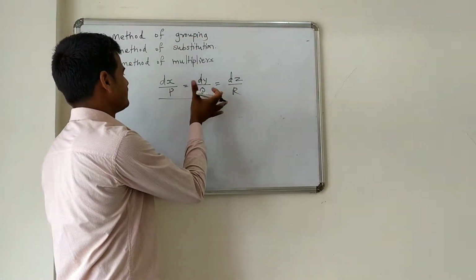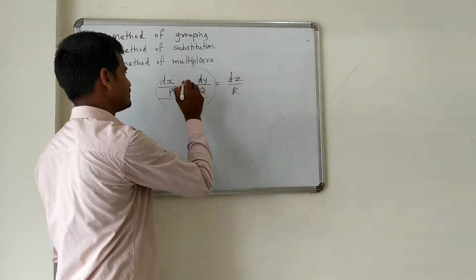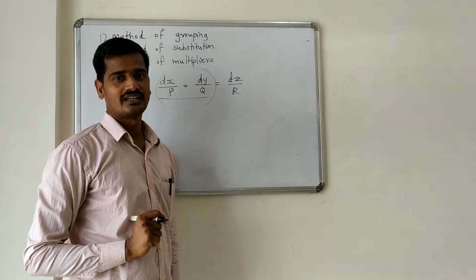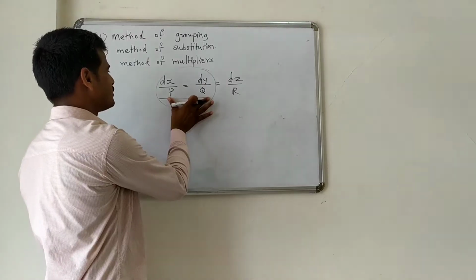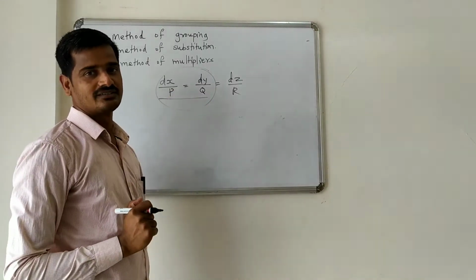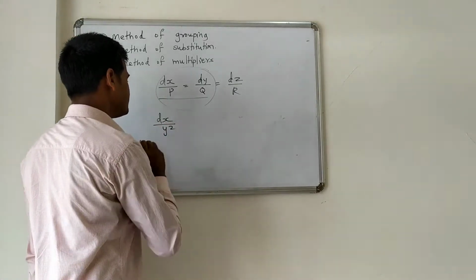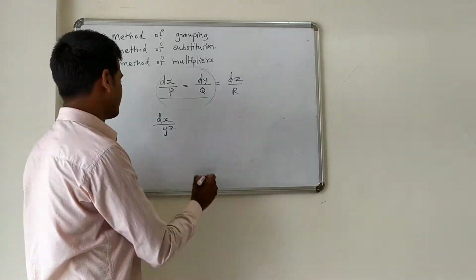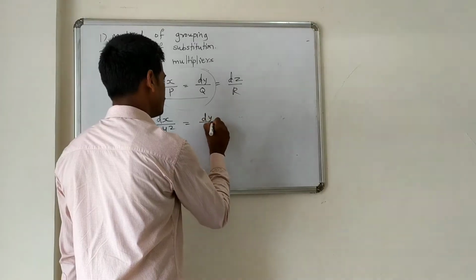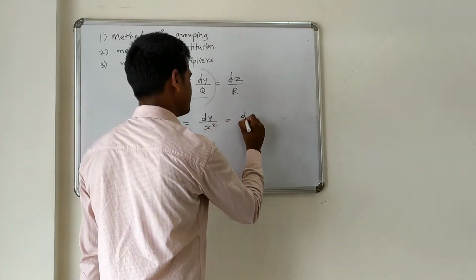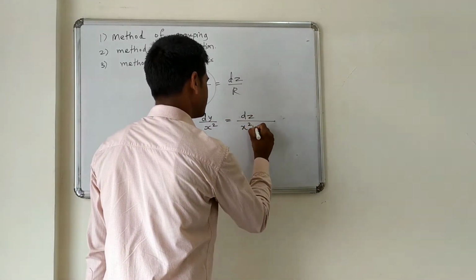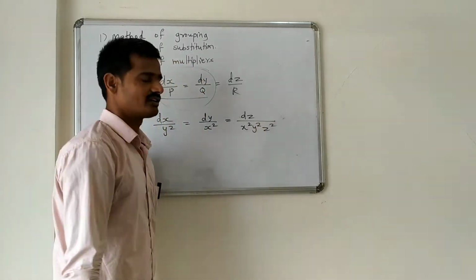Or, if I consider the first two ratios and z is present, after considering the ratio you may cancel z from both sides. For example, consider this differential equation: dx by y square is equal to dy upon x square is equal to dz upon x square y square z square.